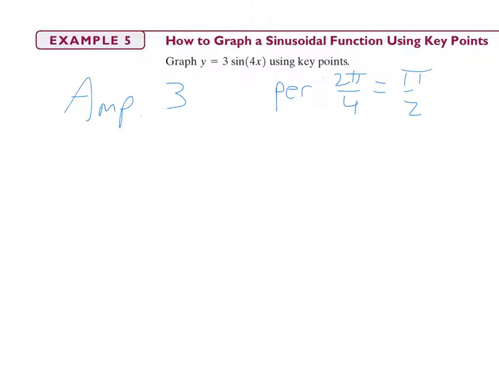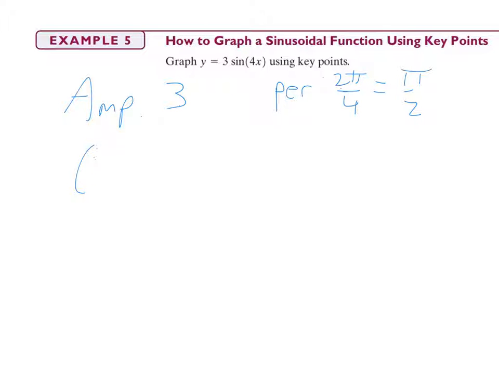Which means we cut the period by 1/4. So each place where it'd be equal to 1, or in this case 3 since the amplitude is 3, we would multiply that x value by 1/4.